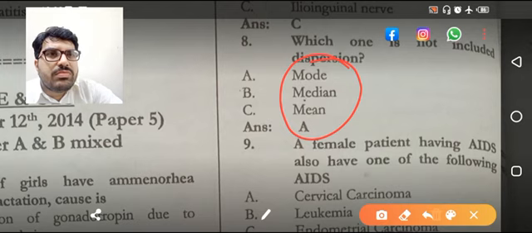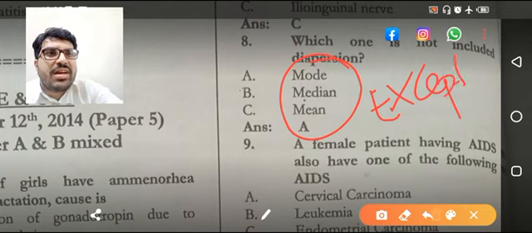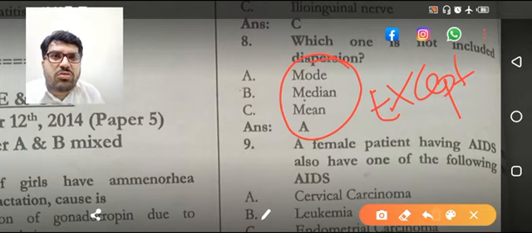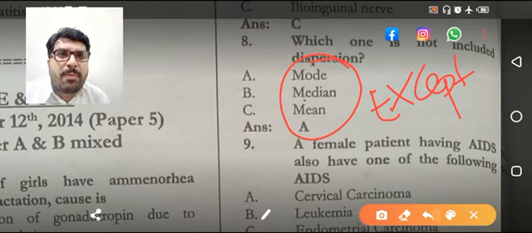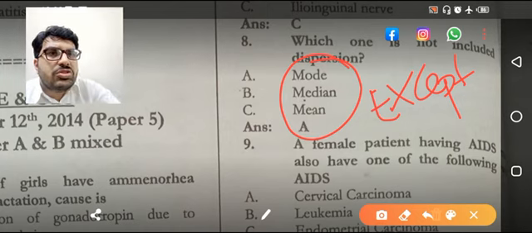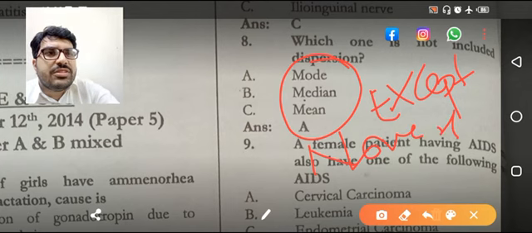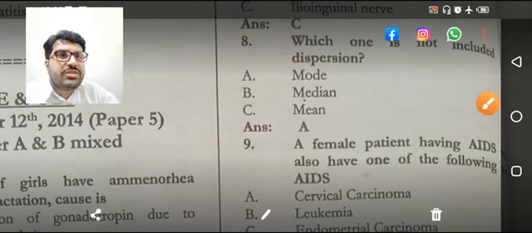So there must be an option, except, add except in the statement, and in the option there must be something from the variables of dispersion that we discussed. So none of these in this MCQ, none of these.